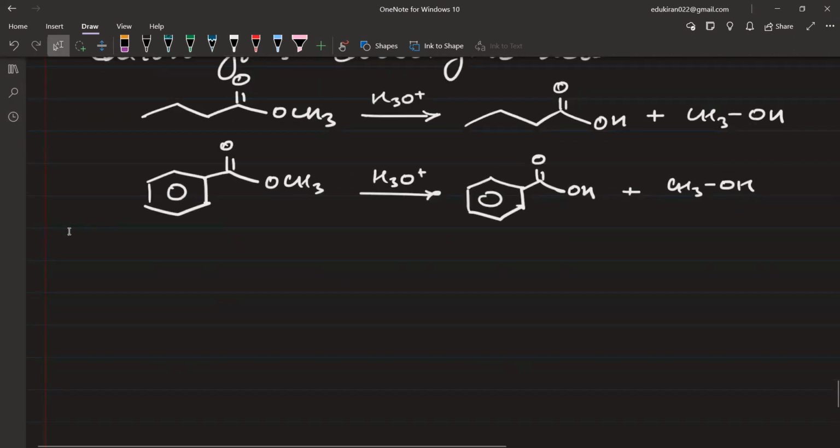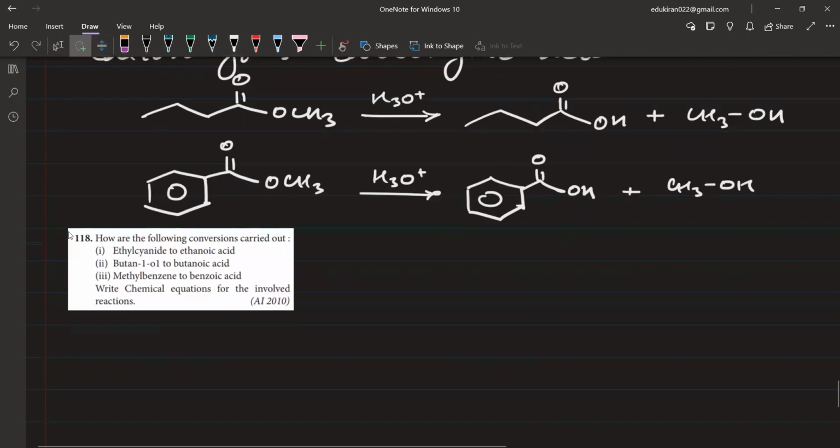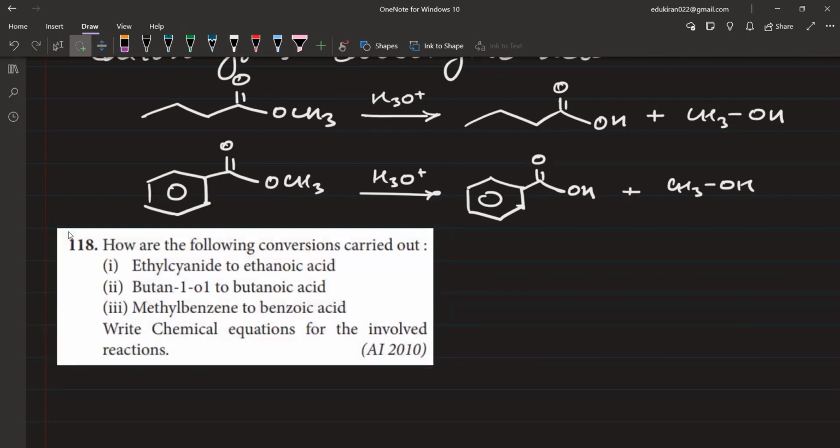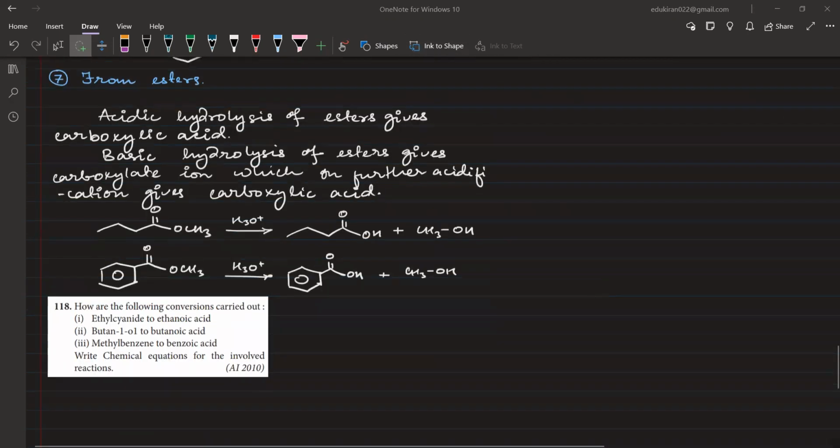So those who are done, please write this. A few conversions. So could you scroll up one second? What Astha? Could you scroll up for 1 second? Yes, sir, done.